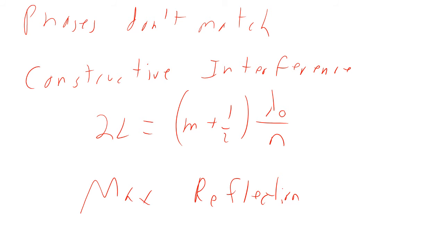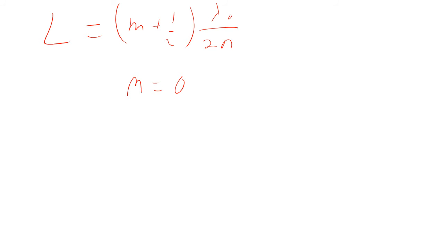Okay, so I want to know the range of thickness. So L is going to be m plus 1/2 of lambda naught over 2n. Okay. So the minimum thickness, that's going to be m equals 0. So L equals lambda naught over 4n.